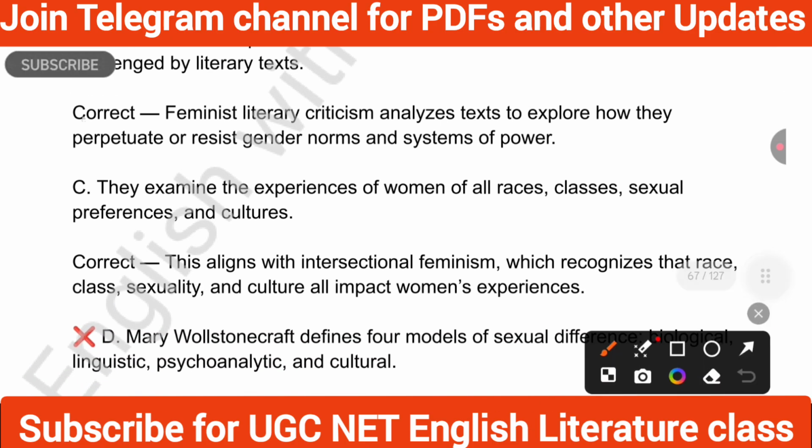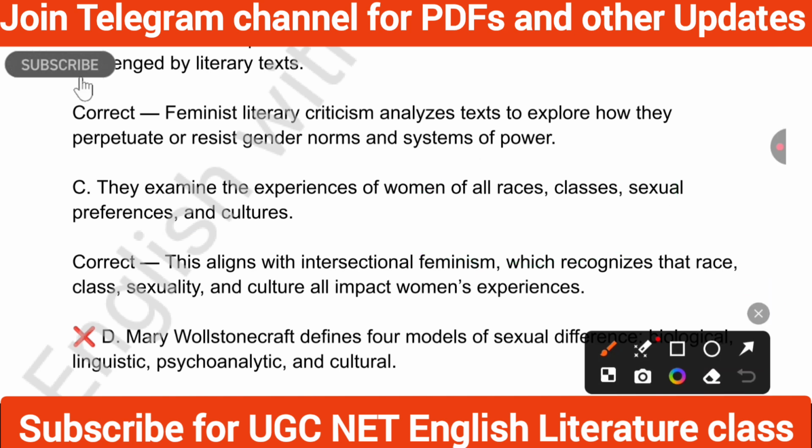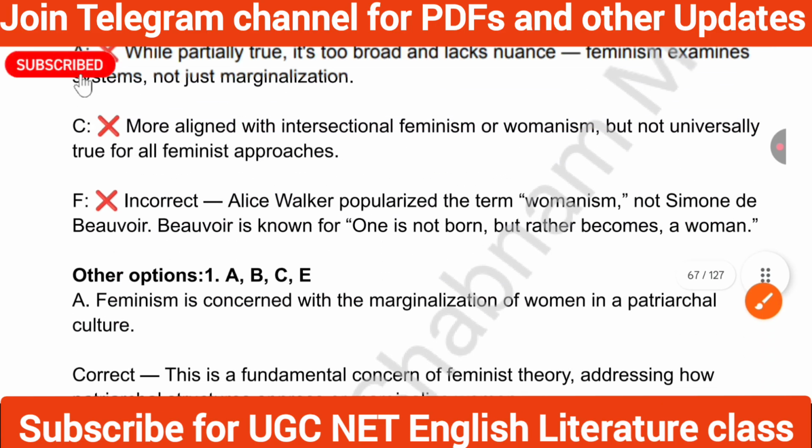Option C was: examine the experiences of women of all races, classes, sexual preferences, and cultures. Women from all races and classes are able to write and share what they felt and what they feel. So this was also correct. This aligns with intersectional feminism, which recognizes that race, class, sexuality, and culture all impact women's experiences. On the basis of all these things, women write and share their views in feminist criticism and feminist work. So this is also a suitable option.